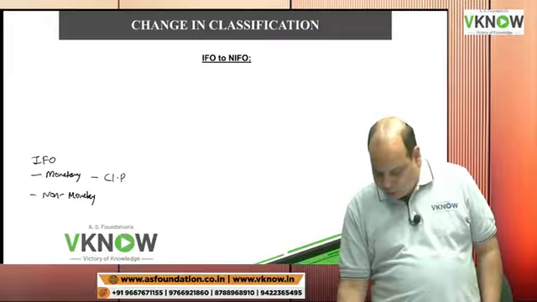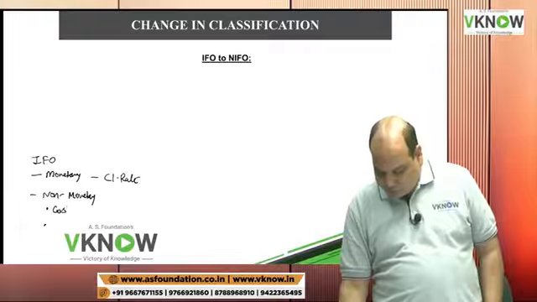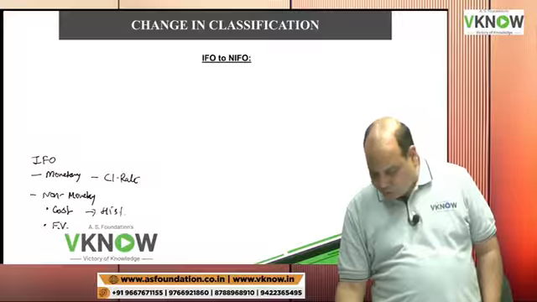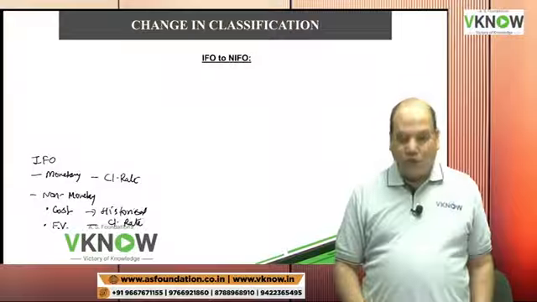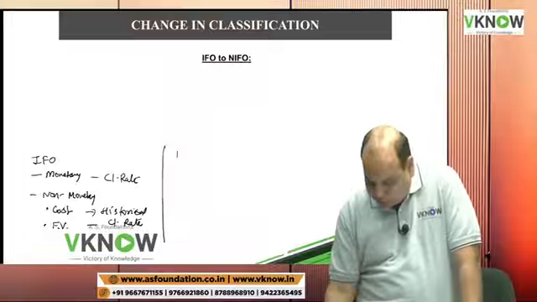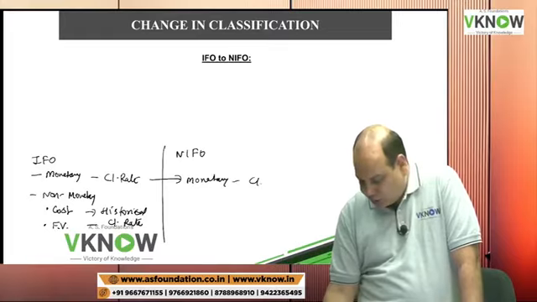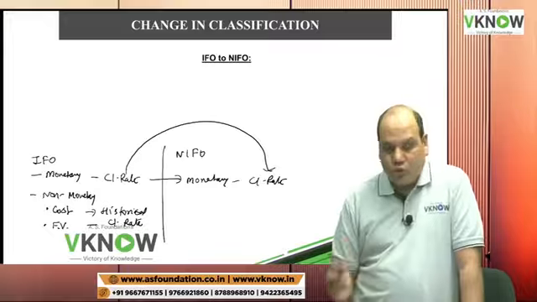Monetary item was at closing rate. Non-monetary items are of two types: cost model, fair value model. Cost model was appearing at historical rate and fair value usually appears at closing rate. And if it is to be converted into NIFO, monetary item in any case is already at closing rate. So no problem.